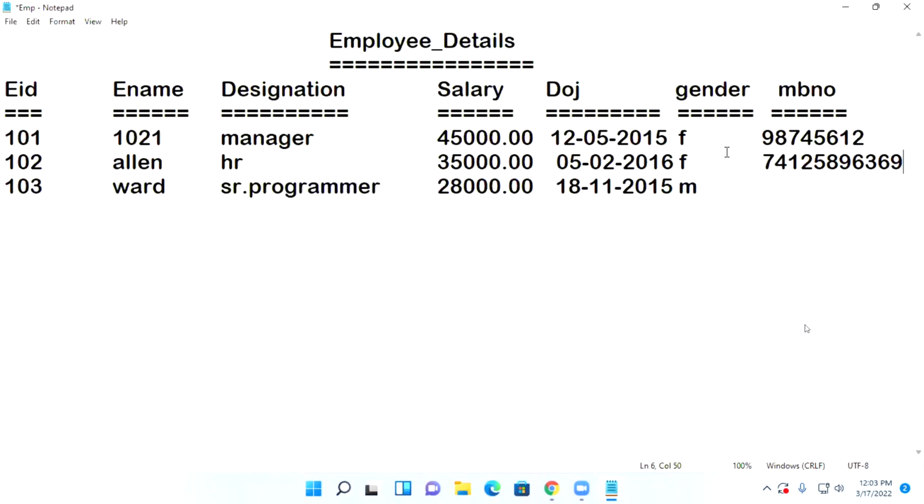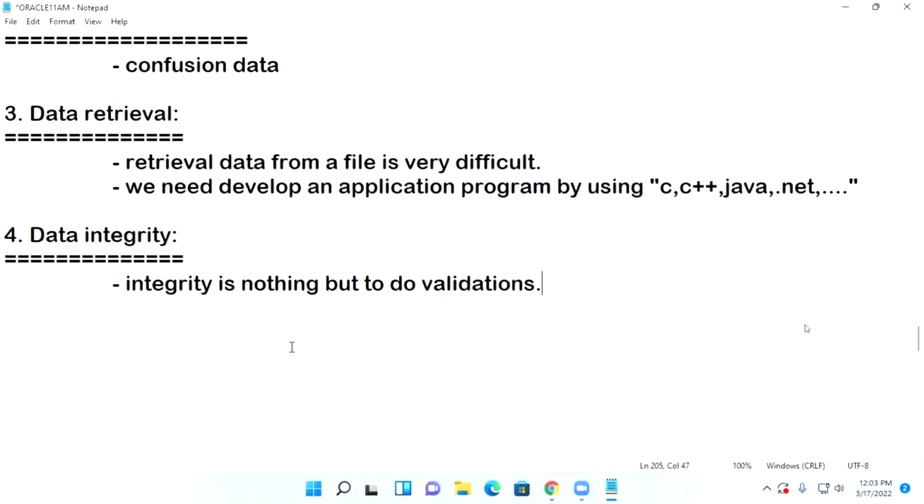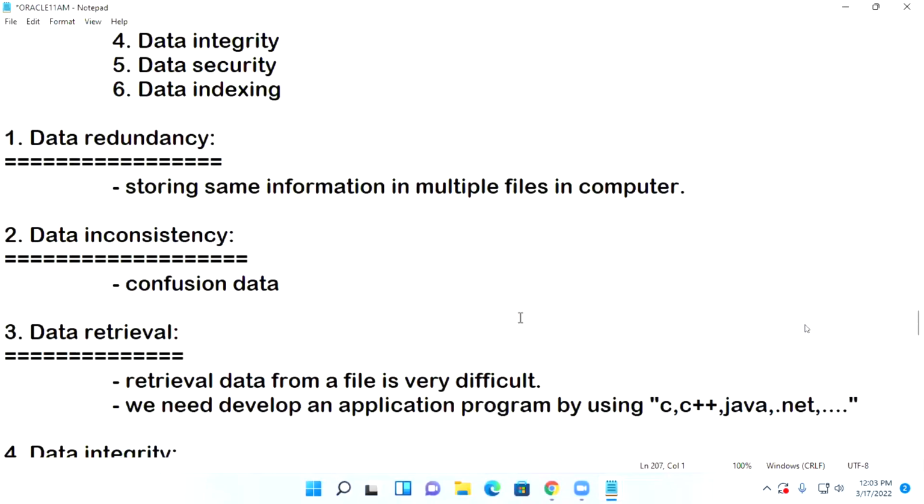So this is one of the biggest problems, a data integrity problem in flat files. Integrity means doing validations, but files do not allow them. This is one problem we have to face.